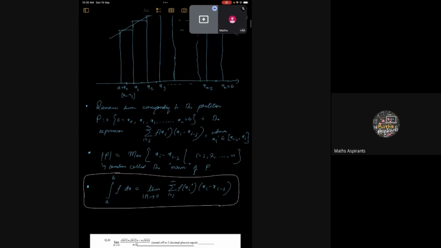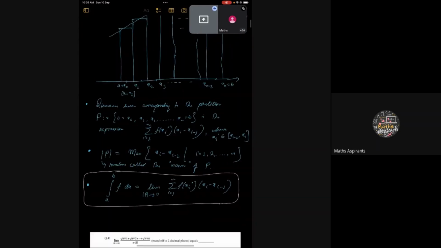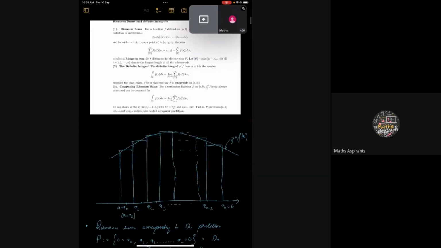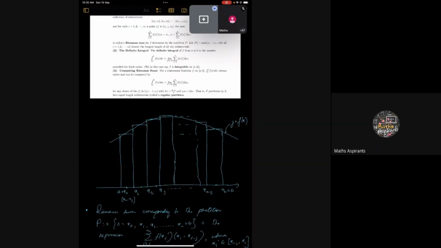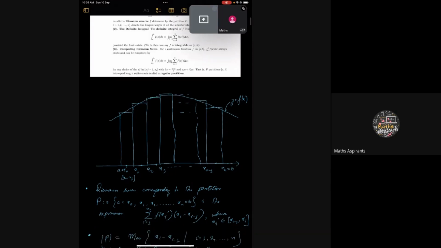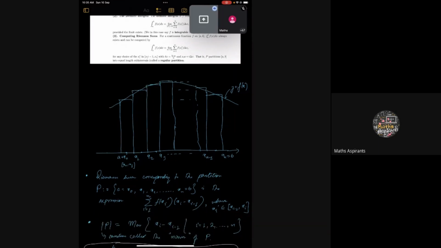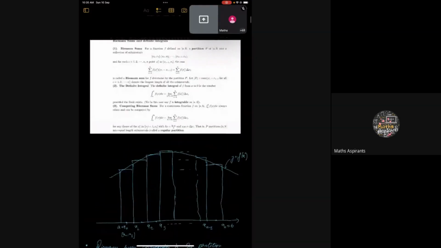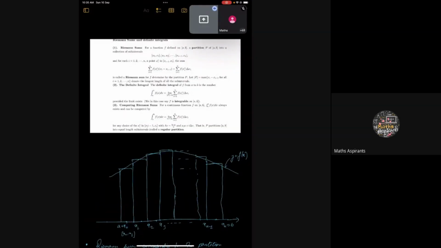Because it's a session on integral calculus, I picked topics from which questions are asked. The first thing that I chose is the Riemann sum. We are all familiar with what Riemann sums are, right? A Riemann sum is nothing but an expression of the form you can see in the picture.